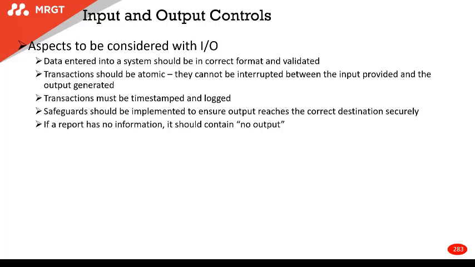We have to make sure that the output that's generated has proper classification levels. The information that's generated should represent the classification level and the entire audience, which is defined by figuring out the classification level of the information generated by the system. So proper classification labeling should also be taken care of.